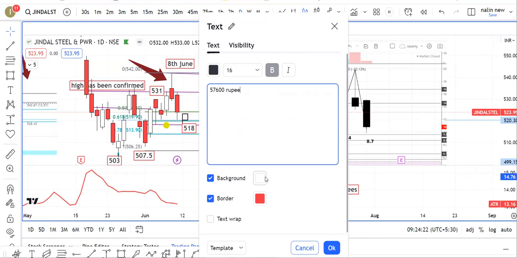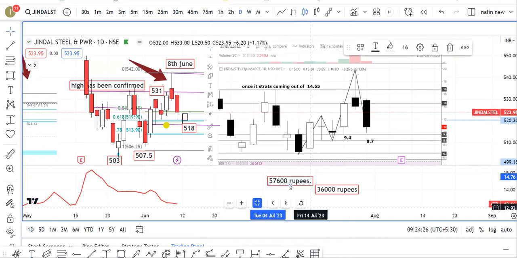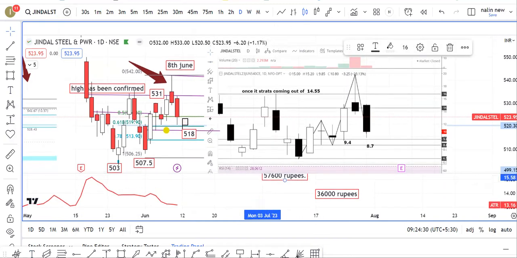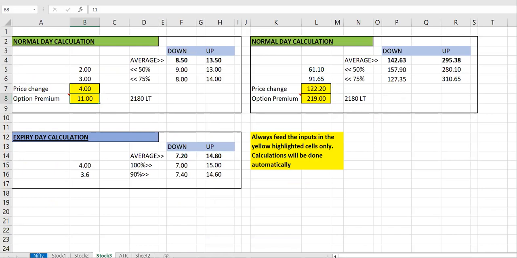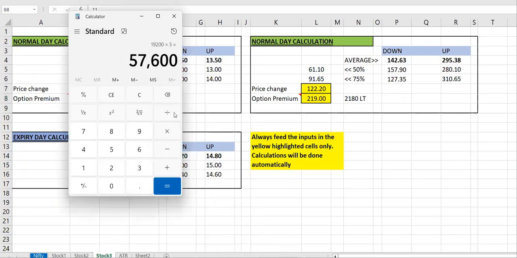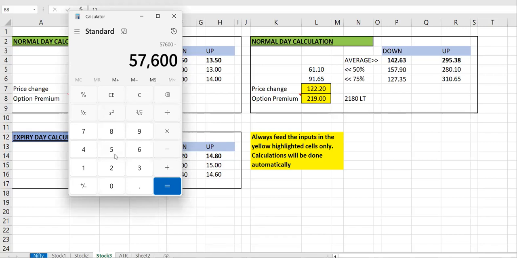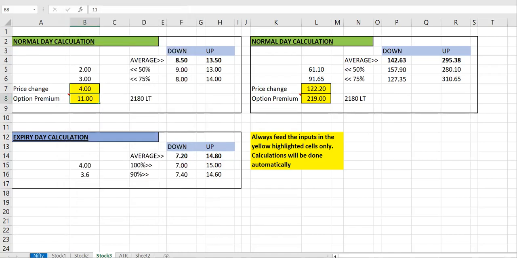I am making this video very slowly because they have to understand. So if I subtract 36,000 rupees from 57,600, he is under a loss of 21,000.